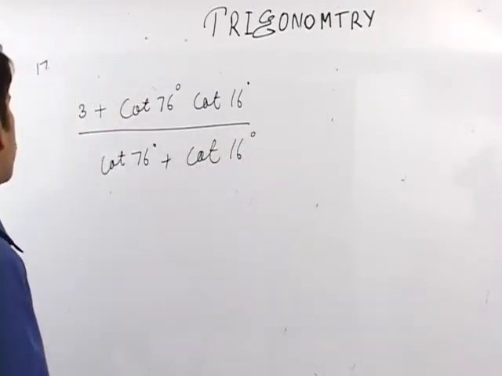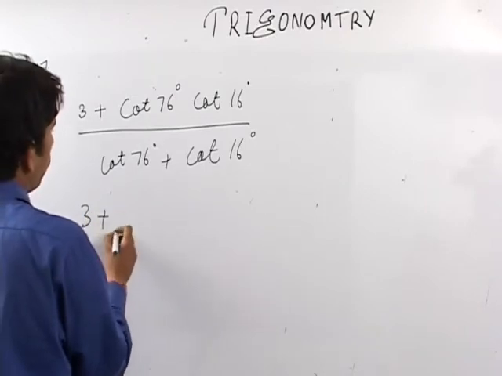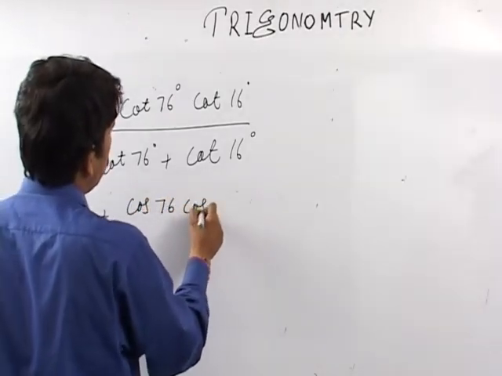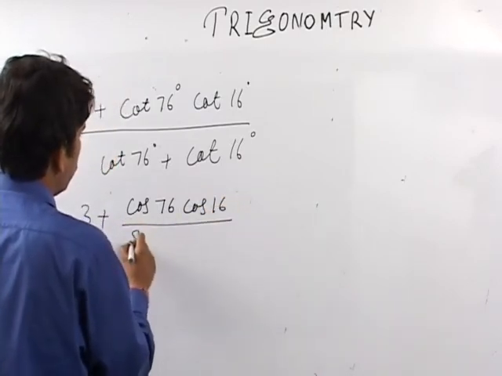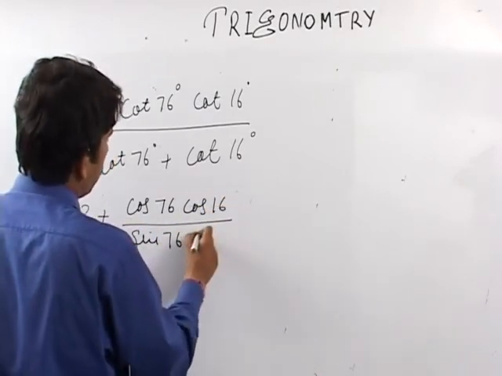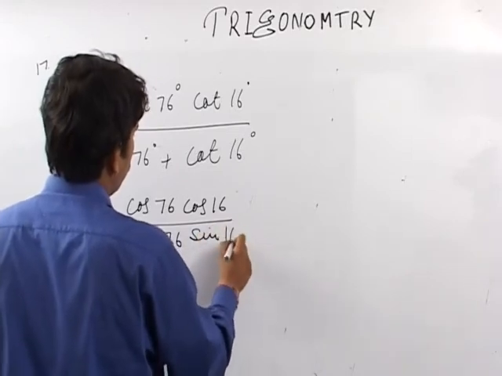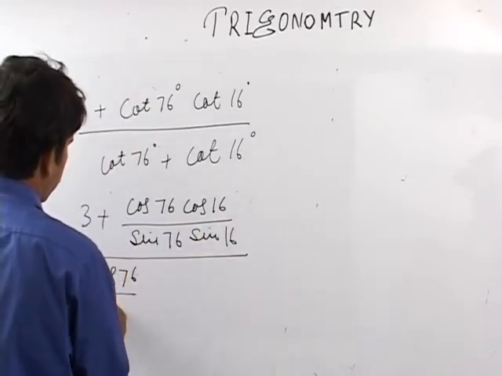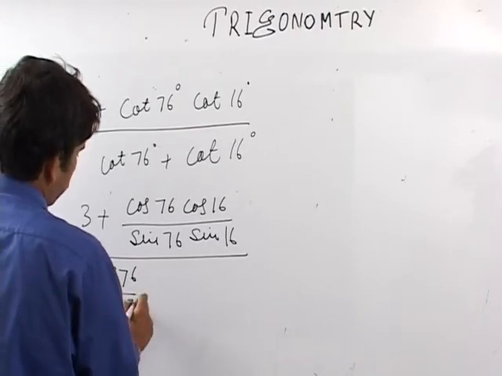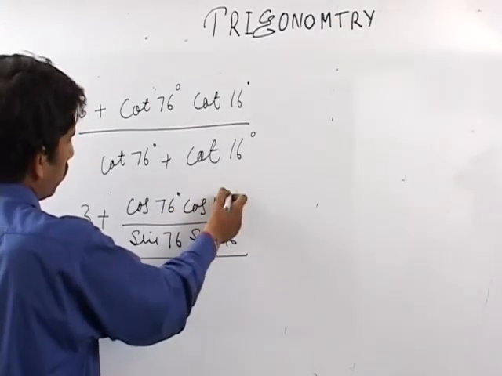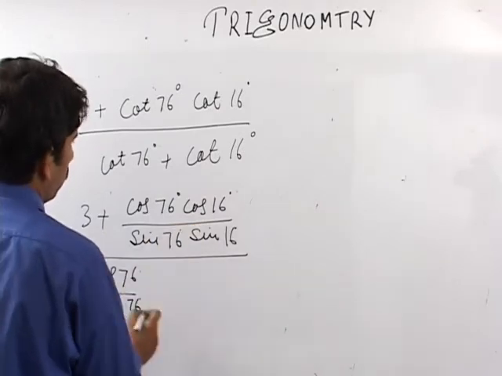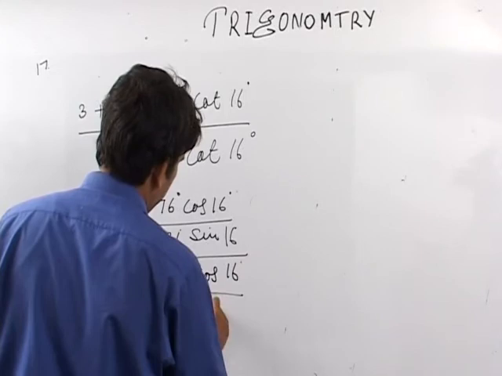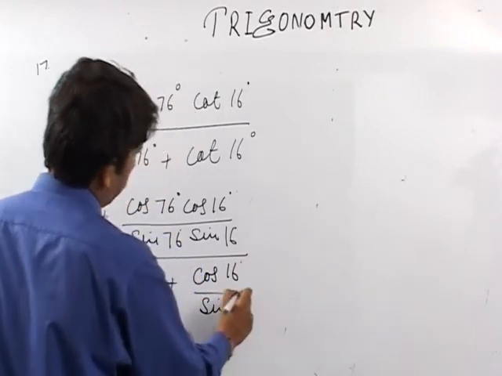Now, when you convert this in terms of cos and sin, it is 3 plus cos 76 cos 16 over sin 76 sin 16, whole over cos 76 over sin 76, here it's degree in all, plus cos 16 degree over sin of 16 degree.